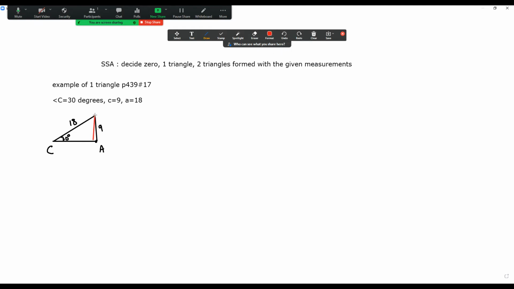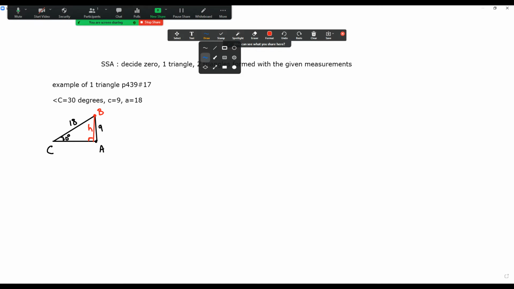I like it to be perpendicular to the missing side in that position. Doesn't mean it's the only position that's correct to draw the triangle, but it's the easiest, I would say. So this is vertex B. This is the perpendicular from the vertex to the side, which we call height.